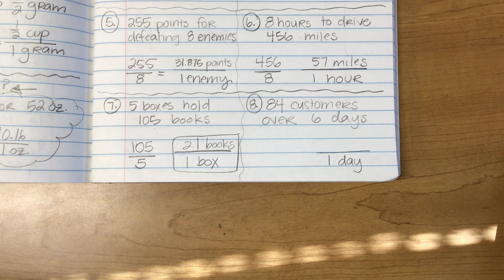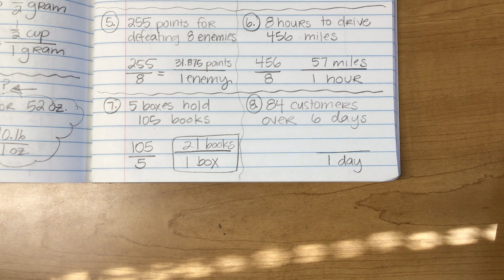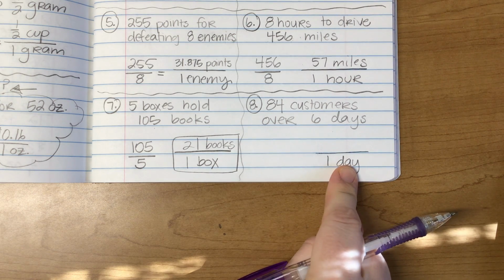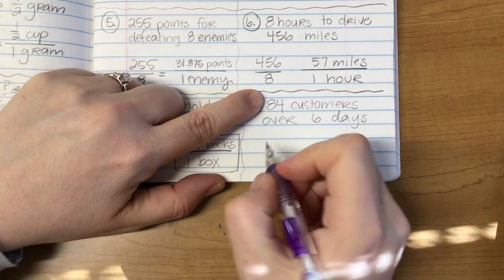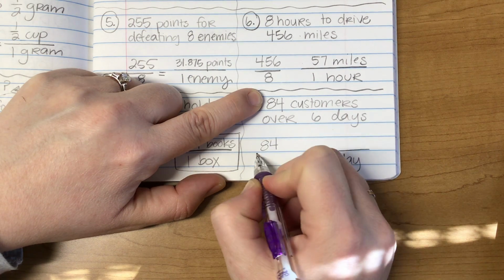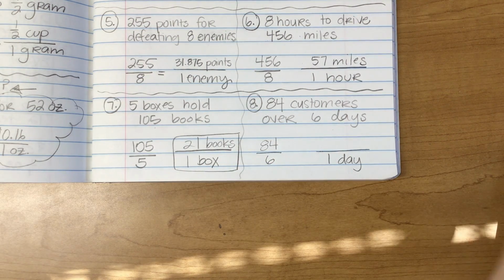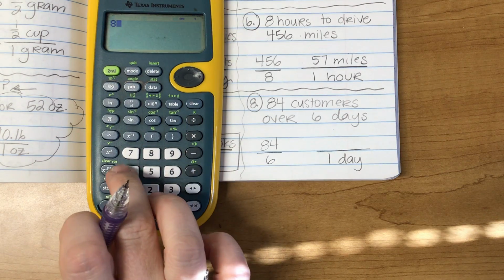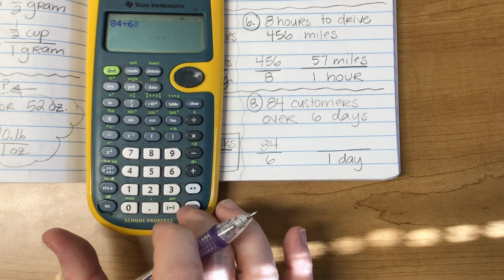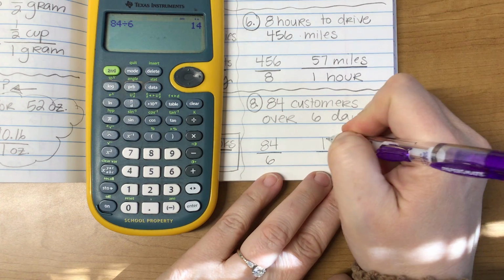You try it out. How many customers in 1 day? 84 customers over 6 days. How many customers in 1 day? Well, I want days to be 1, so I'm going to take customers divided by days. 84 divided by 6, 14 customers.